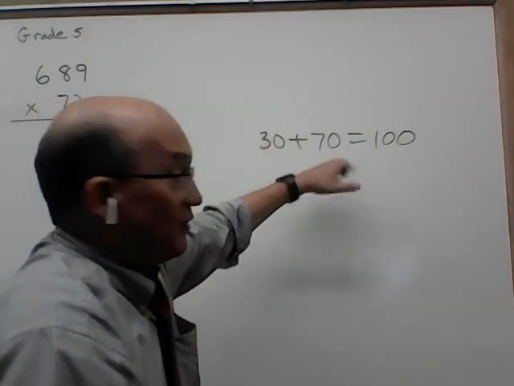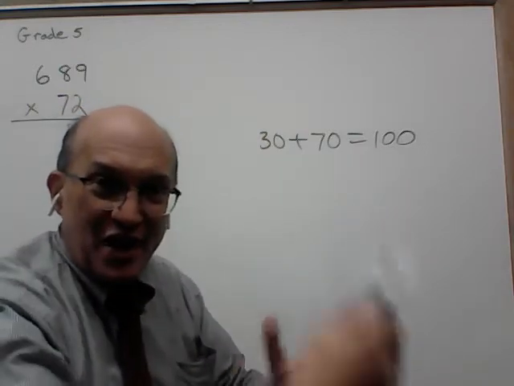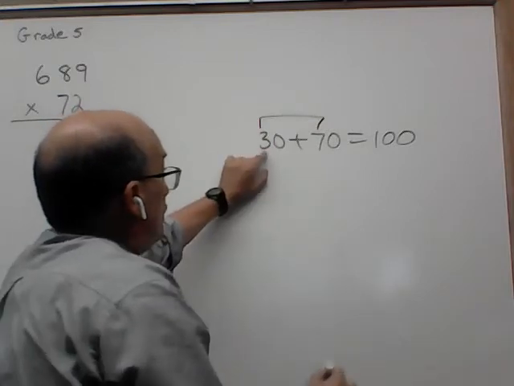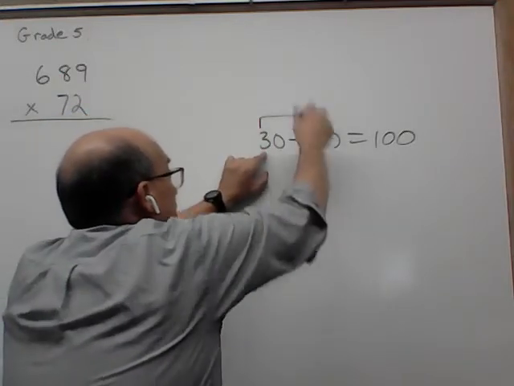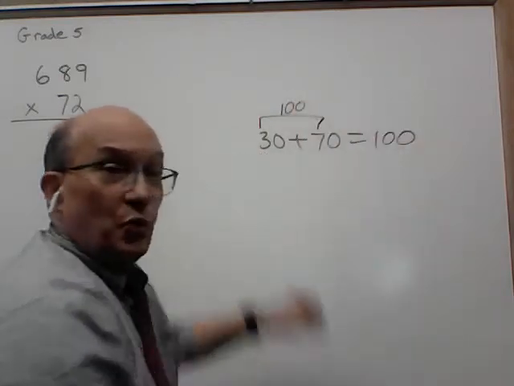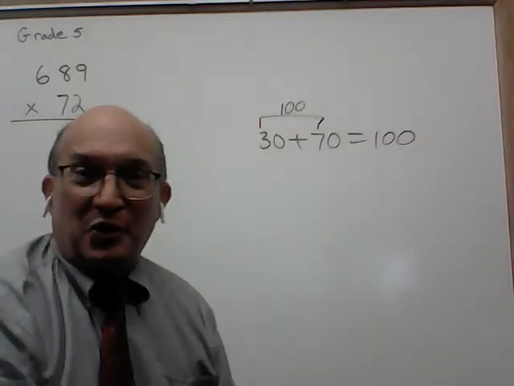Obviously, 30 plus 70 is 100. You don't really see the 90 plus 10 here because what you have is 3 tens plus 7 tens is 10 tens. And how do we write 10 tens? 10 tens is 100. So there it is. We don't have to go to the ones place.